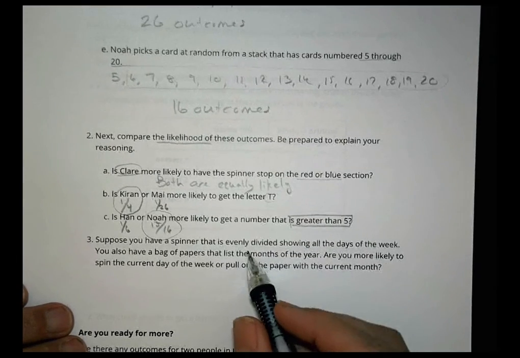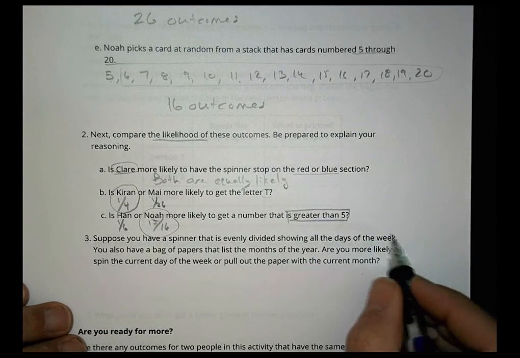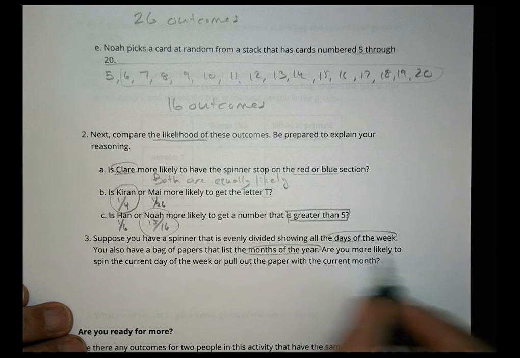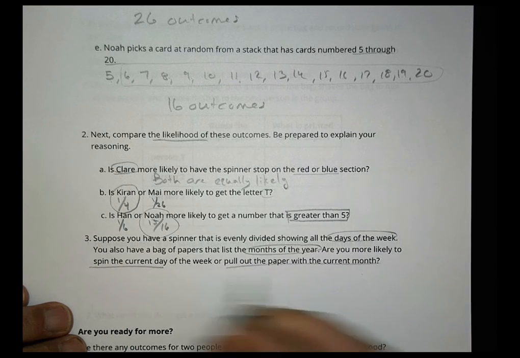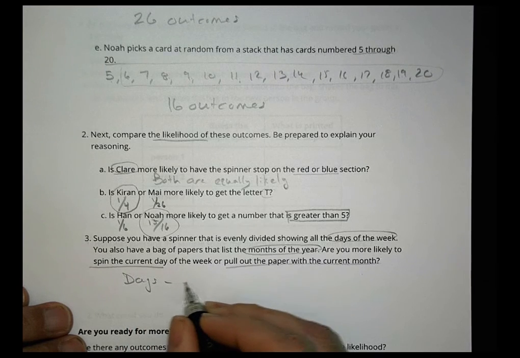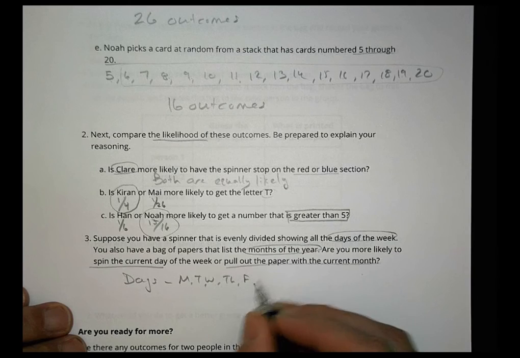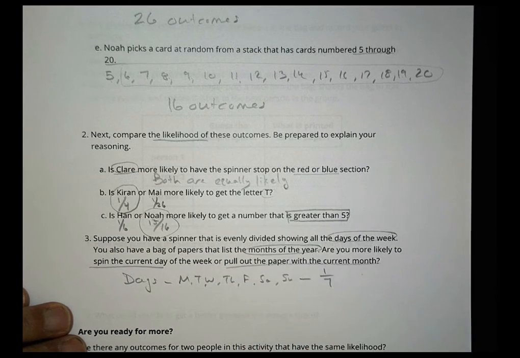Suppose you have a spinner that is evenly divided, showing all the days of the week. You have a bag of papers that lists the months of the year. Are you more likely to spin the current day of the week or pull out the paper of the month? So comparing days of the week and months. Here are our days: Monday, Tuesday, Wednesday, Thursday, Friday, Saturday, and Sunday. There are a total of 7 of those, so a 1 in 7 chance.